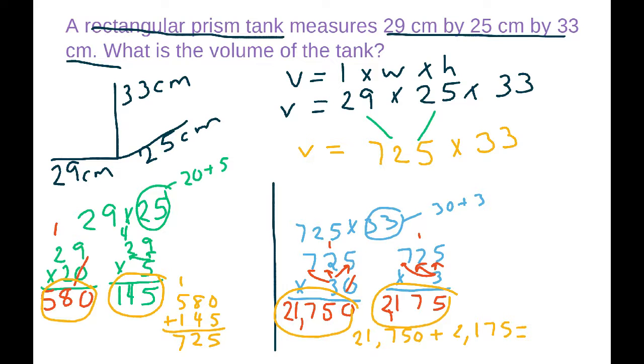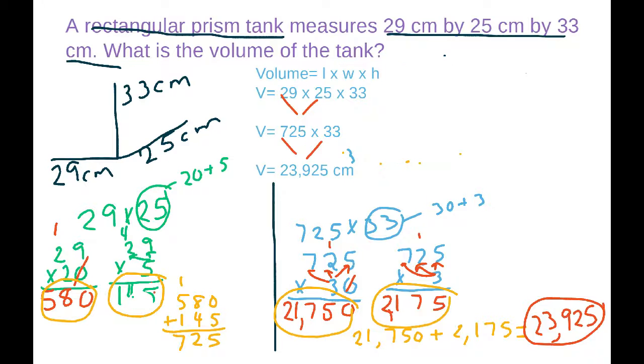And that gives me 23,925. So I know my volume for this prism is 23,925. Now I'm going to state my answer. The volume of the tank is 23,925 cubic centimeters.